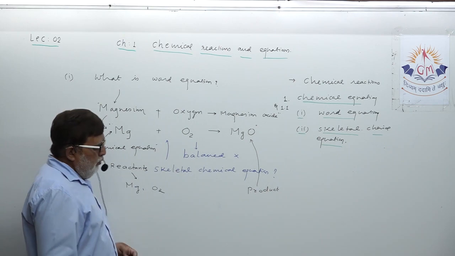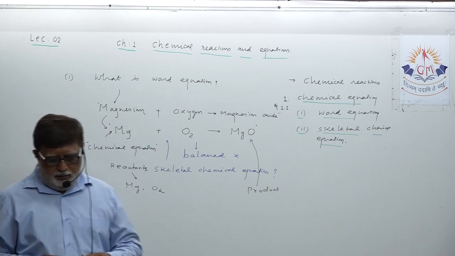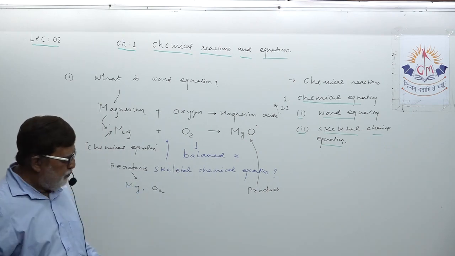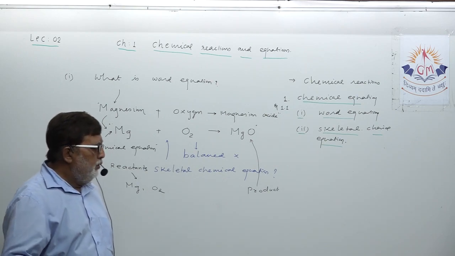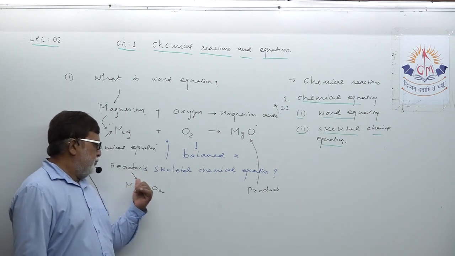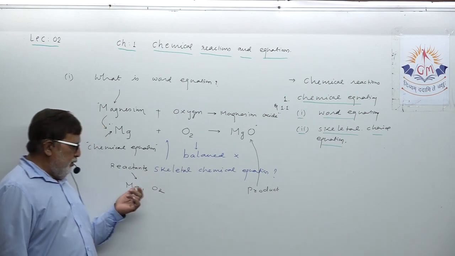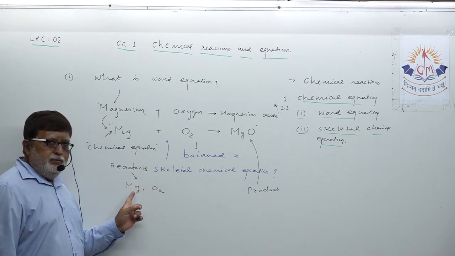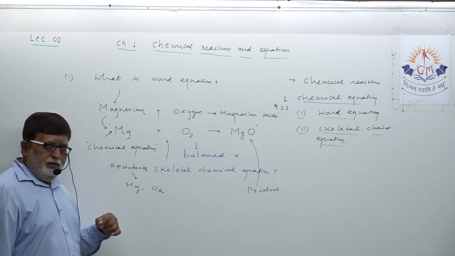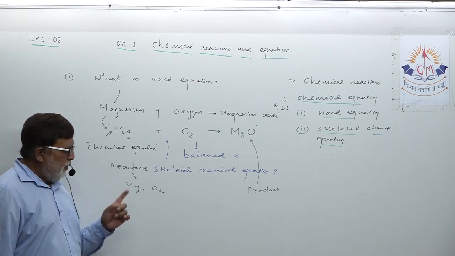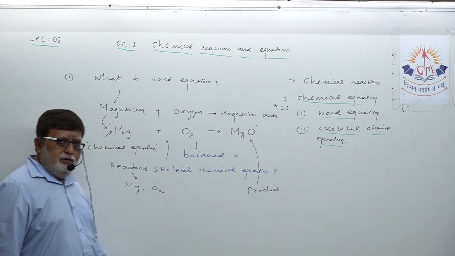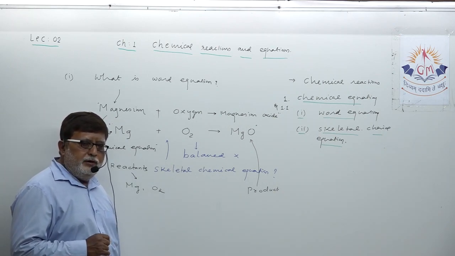Okay, so if you are asked a simple one line, what are reactants? So here, dear student, two substances, magnesium and oxygen, are taking part in the chemical reaction.